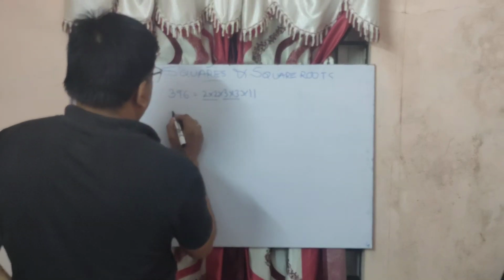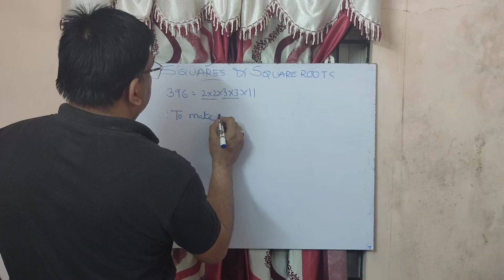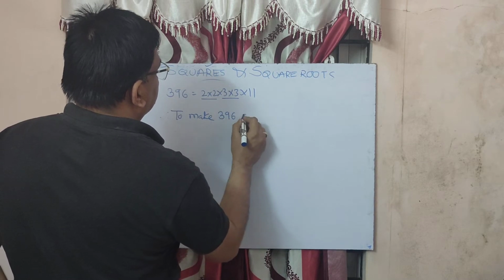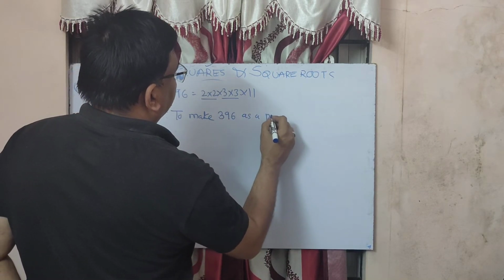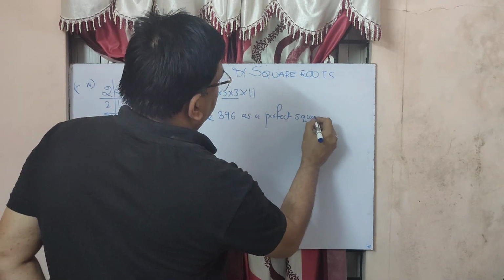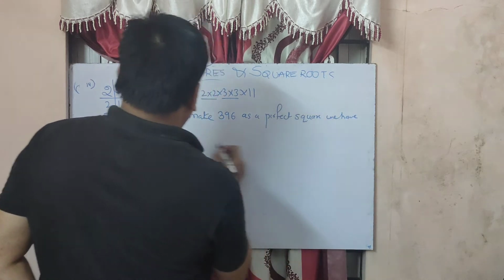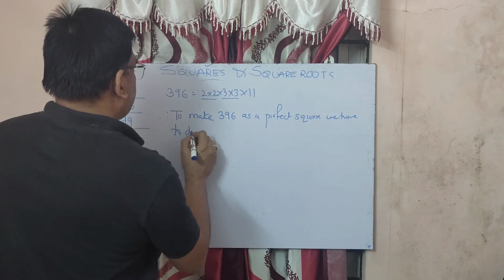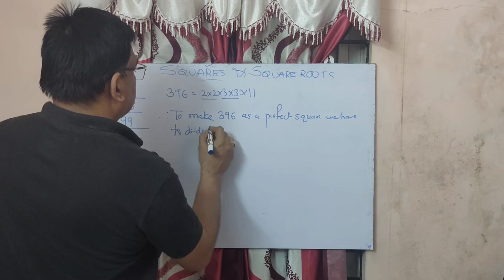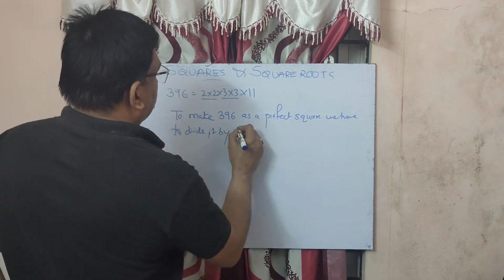Therefore, to make 396 a perfect square, we have to divide it by 11.